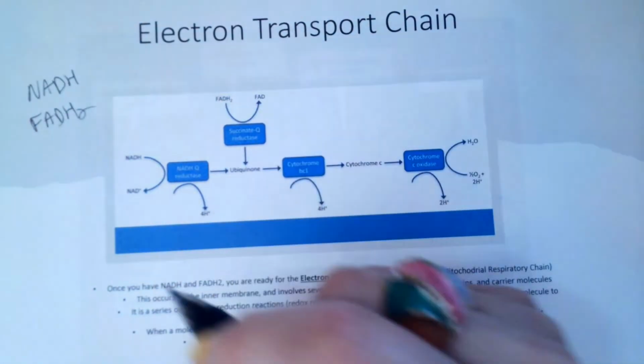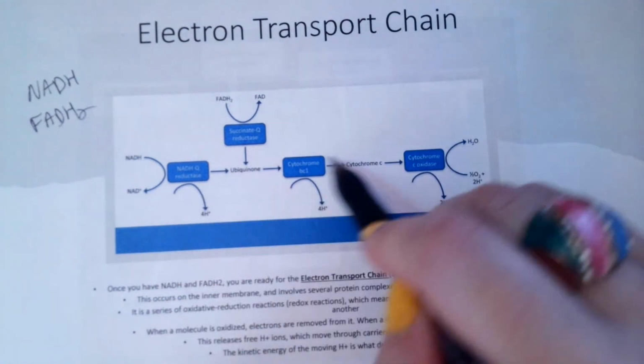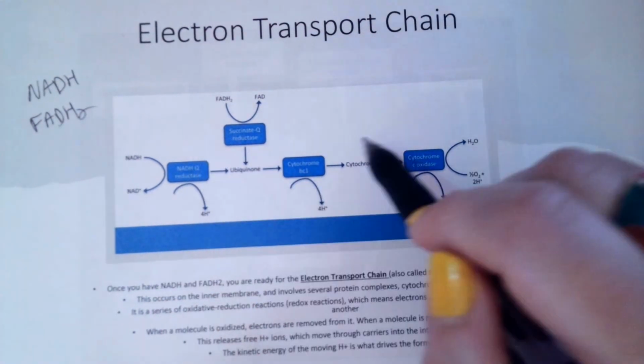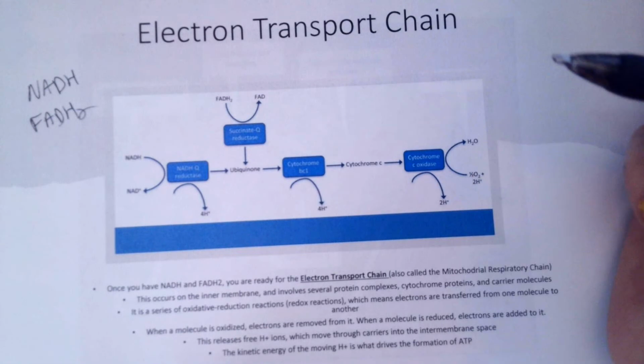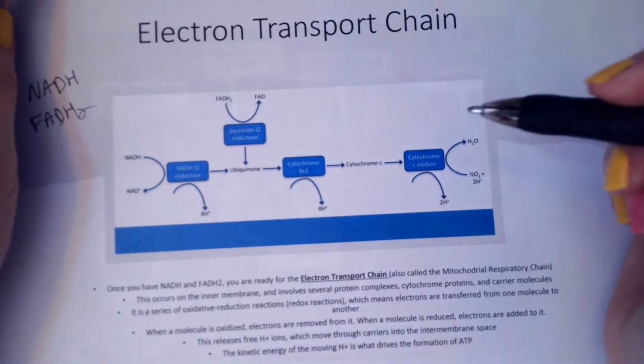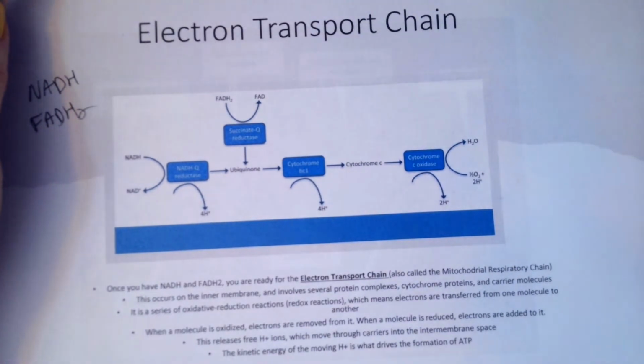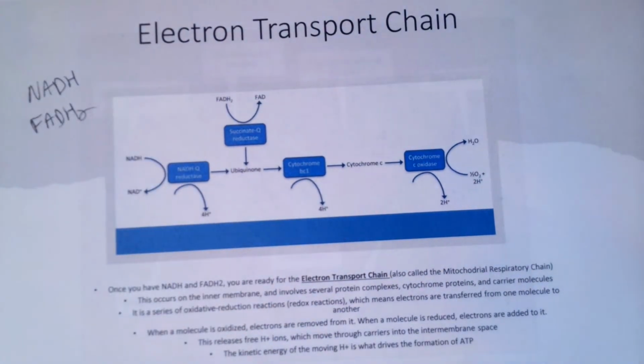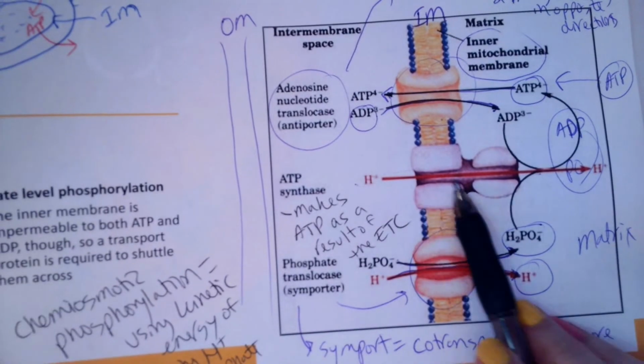We just want to take an electron and bounce the electron from those molecules along the electron transport chain until we finally reach the end. And then we can do our chemiosmotic phosphorylation through ATP synthase at the very end of the electron transport chain.